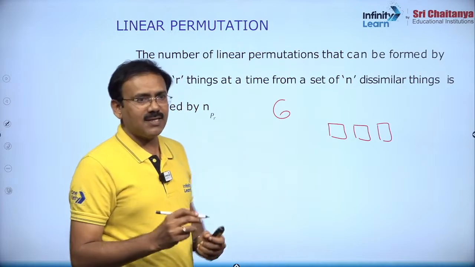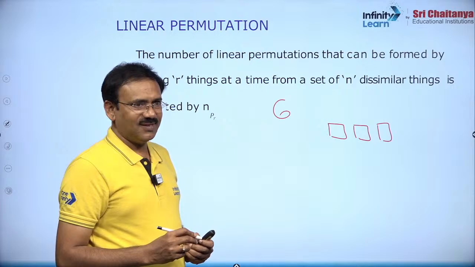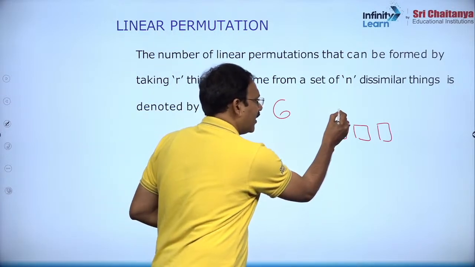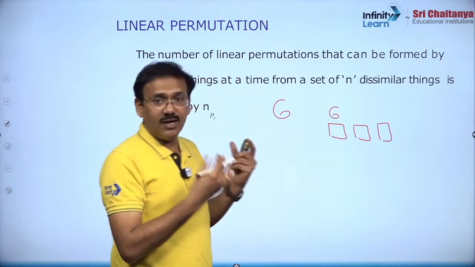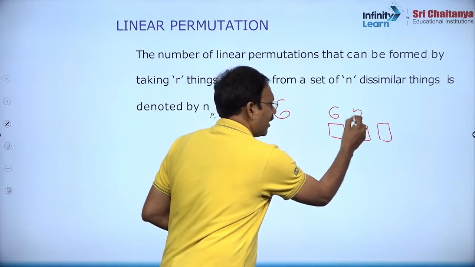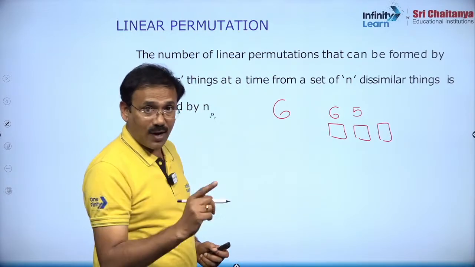You see, the first place can be filled in 6 ways. One place is filled, 5 students are left, so the second place can be filled in 5 ways. Now we are left with 4 students and 1 place.